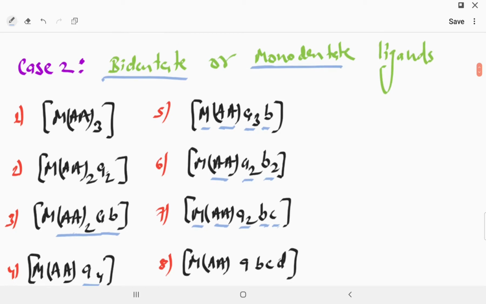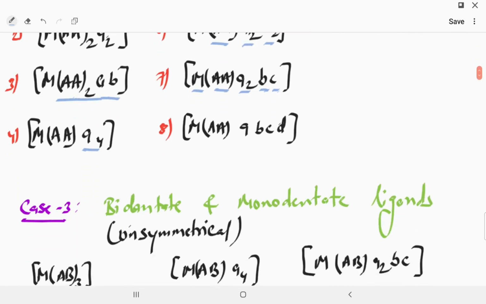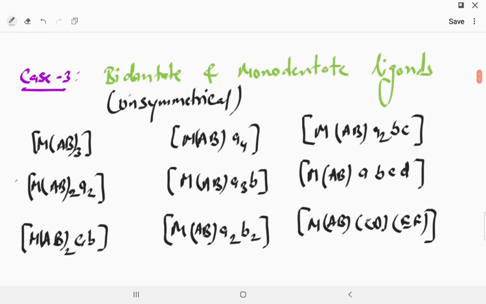So in this case, whenever the bidentate ligands have symmetrical ends, these are the cases of isomerism.